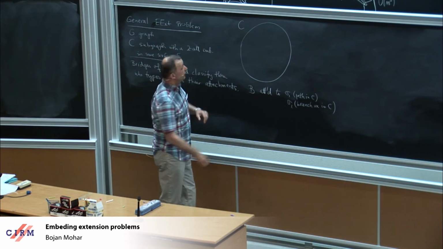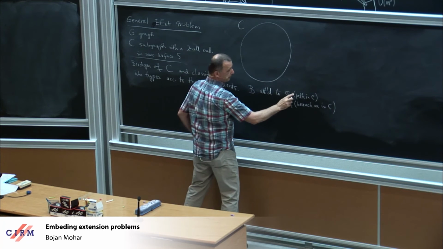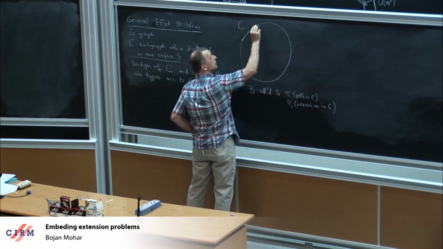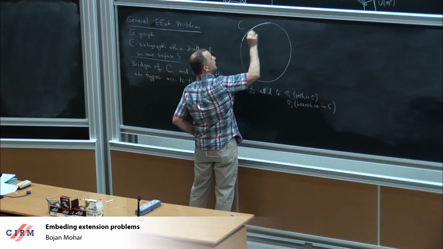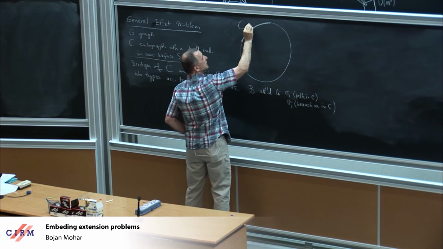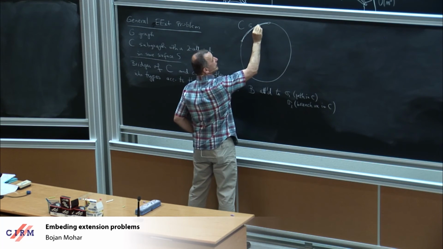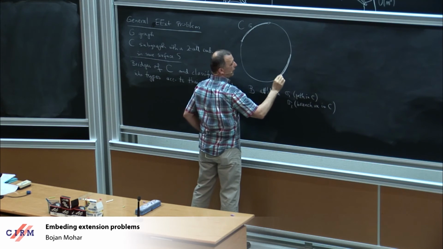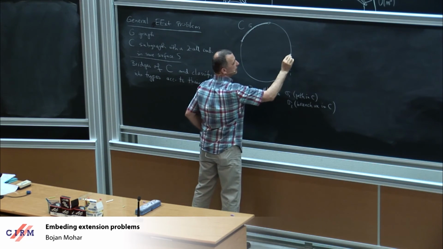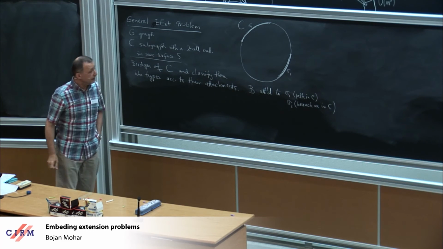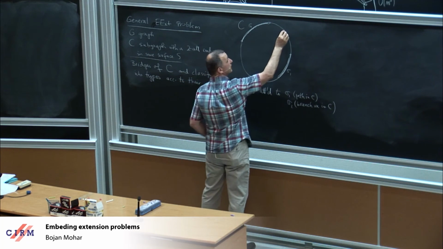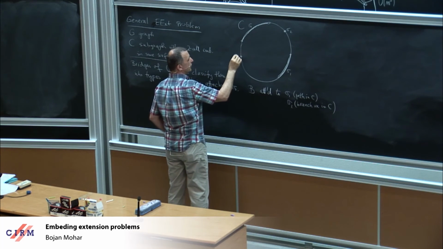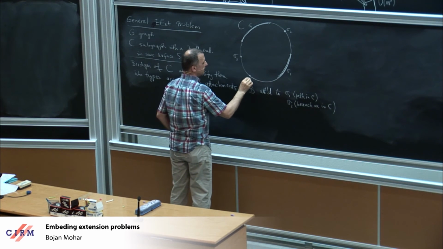So if you have a two-cell embedding, and this is a path, sigma 1 can occur on the boundary. So this could be part of the boundary of this face, for instance, like that. Sigma 1 is a subdivided path in your graph C. It can occur twice, but not more than twice. So this could be sigma 1 repeated. And then sigma 2 is a vertex. Maybe the vertex can occur more than twice, let's say 3 times.